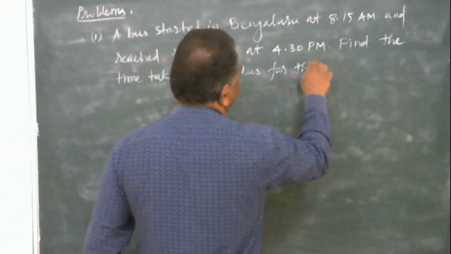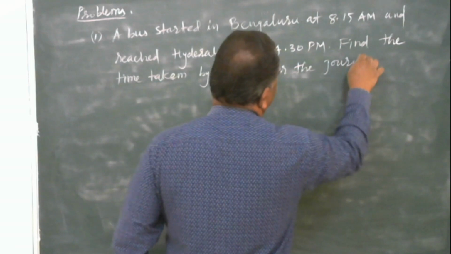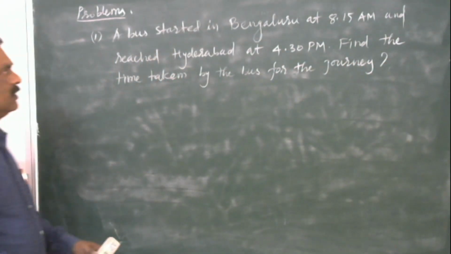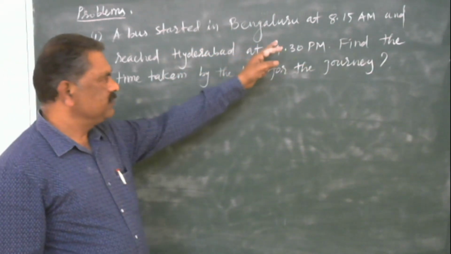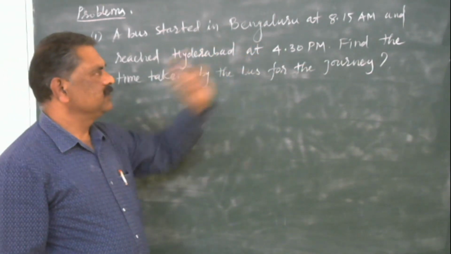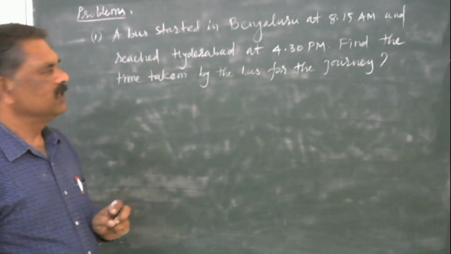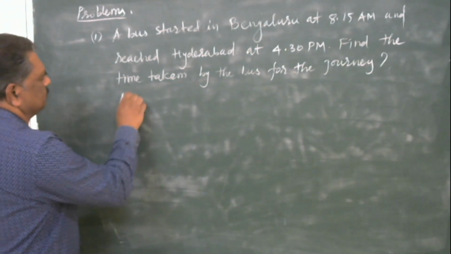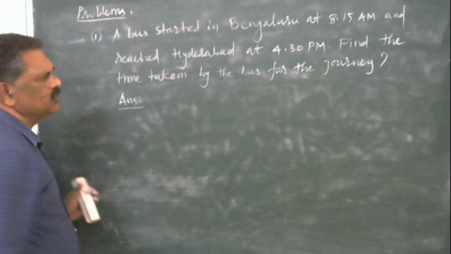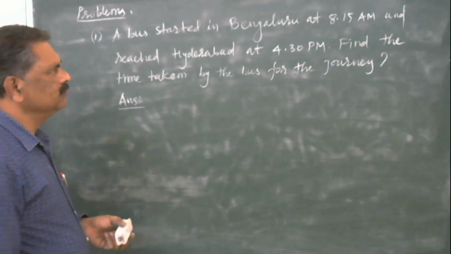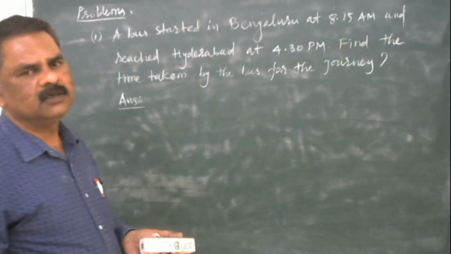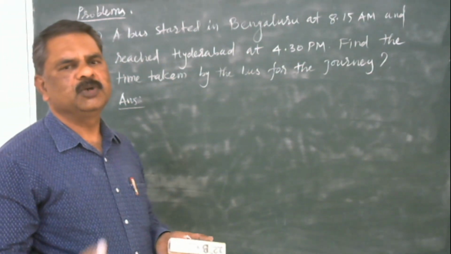Started Bangalore 8:15, reached Hyderabad at 4:30 p.m. Find the time taken by the bus for the whole journey. So listen. So you know AM and PM. Here AM is there, the time between 12 midnight to 12 noon.